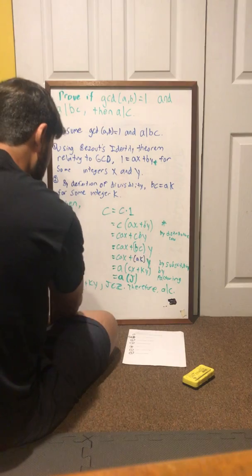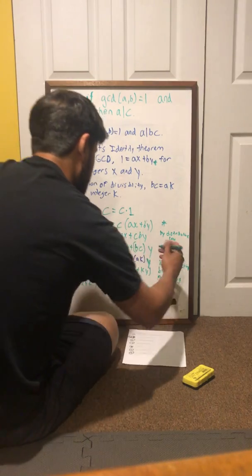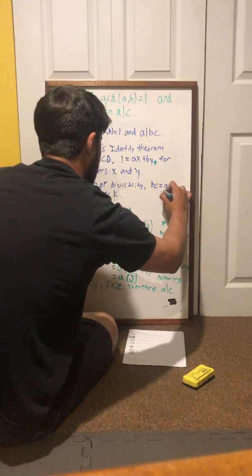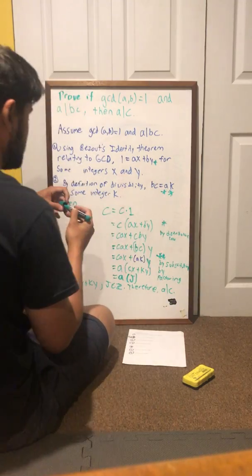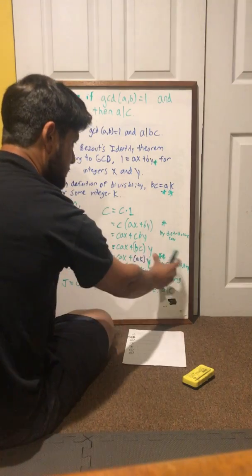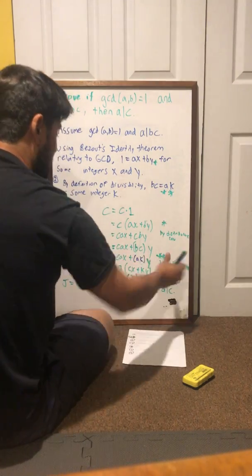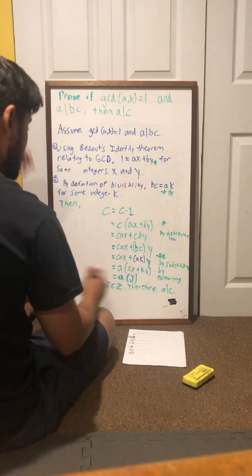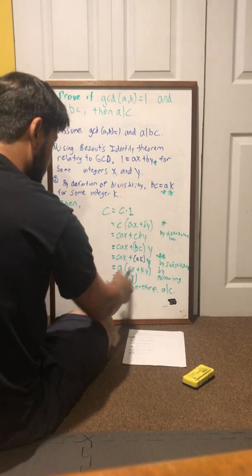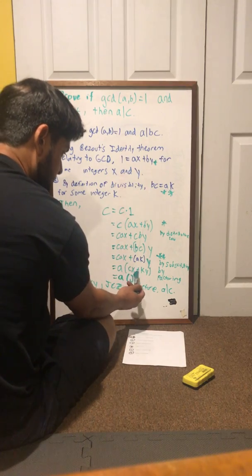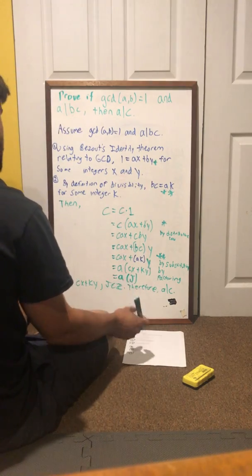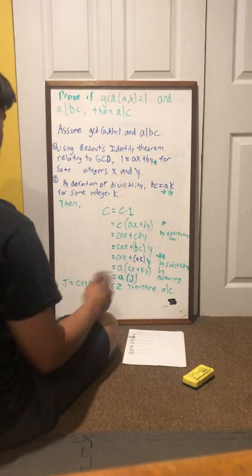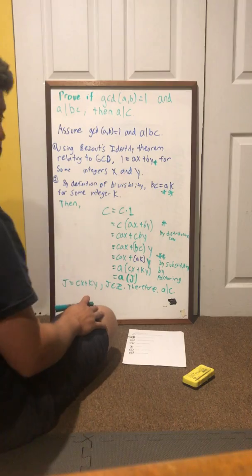Then by substitution, let's put a double star here and a double star here. This is where this part comes in. We substituted in the AK, and then by factoring out an A from both of these, we get A times CX plus KY, which we replace with a J, and are able to say at the end that this proof is true.